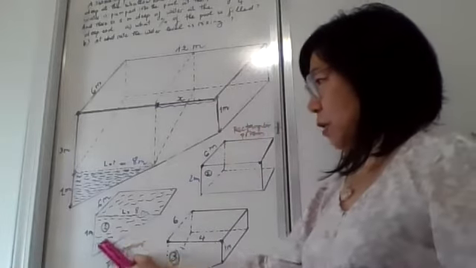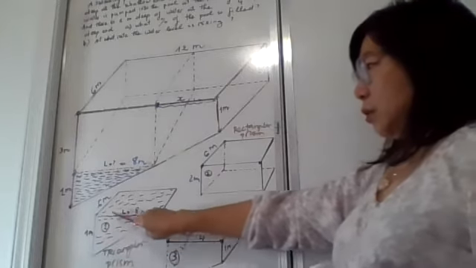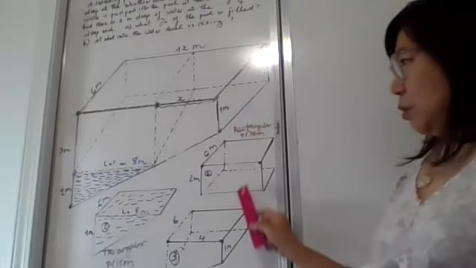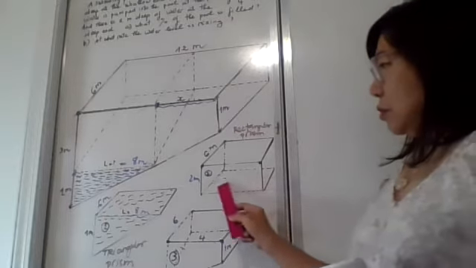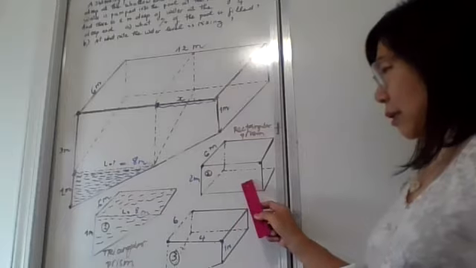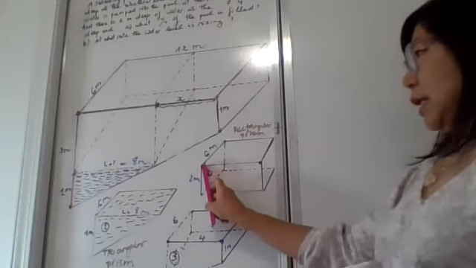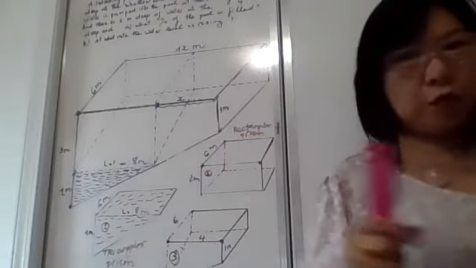If the base shape is a triangle, you use the area of the triangle times its height. If the base shape is a rectangle, you use the area of the rectangle times its height. So that's the concept of finding the volume.